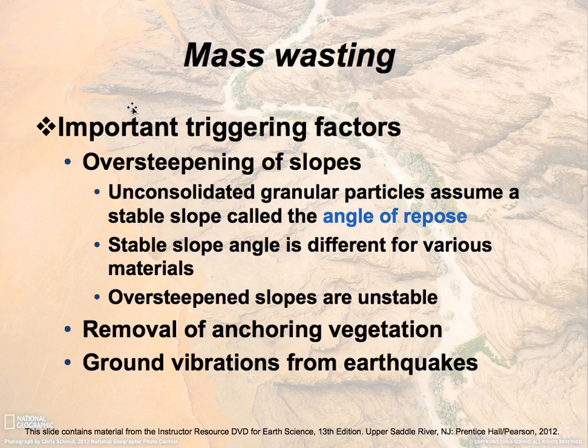Vegetation tends to have the ability to anchor slopes and to maintain cohesion. Ground vibrations from earthquakes and industrial processes such as building, large scale construction, surveying, and mining can cause vibrations that can trigger mass wasting events.